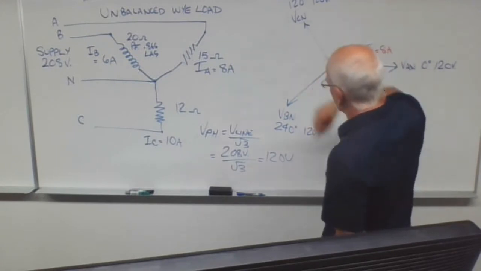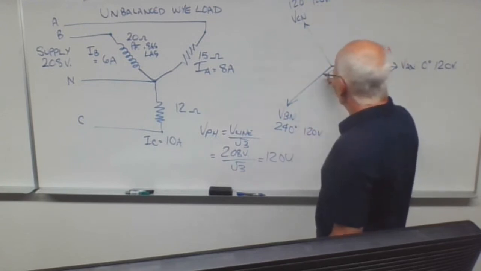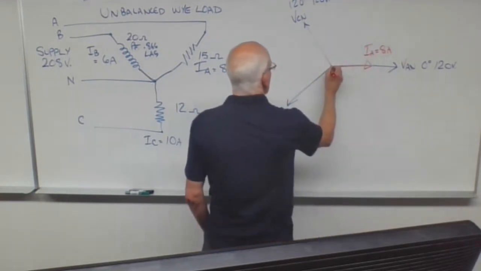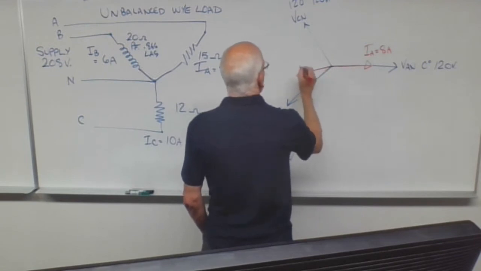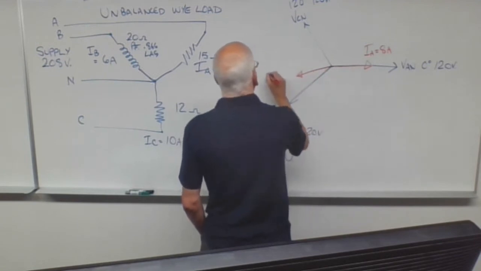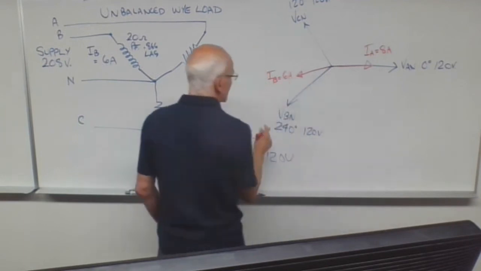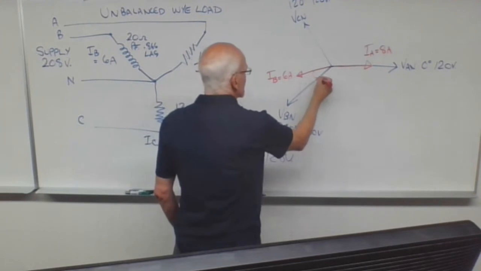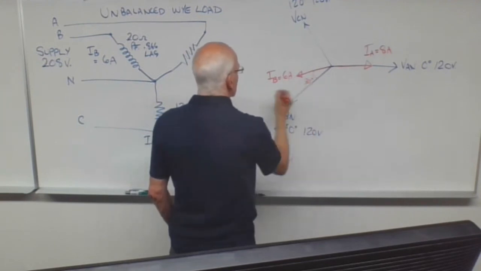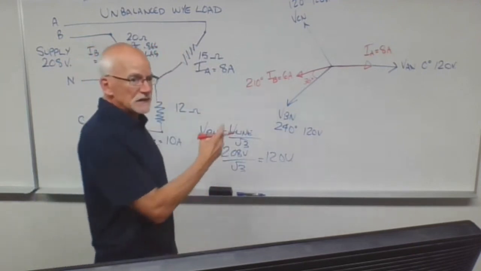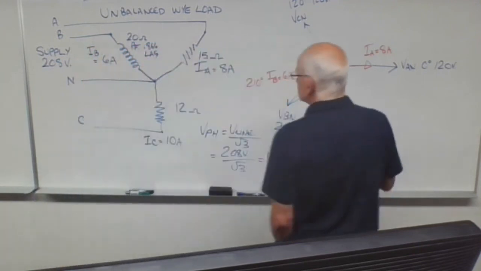The phasors always rotate counterclockwise, so for the current to be behind the voltage, it has to be 30 degrees behind. IB is 6 amps at an angle of 240 minus 30 degrees, which is 210 degrees. So the current for phase B is at 210 degrees.